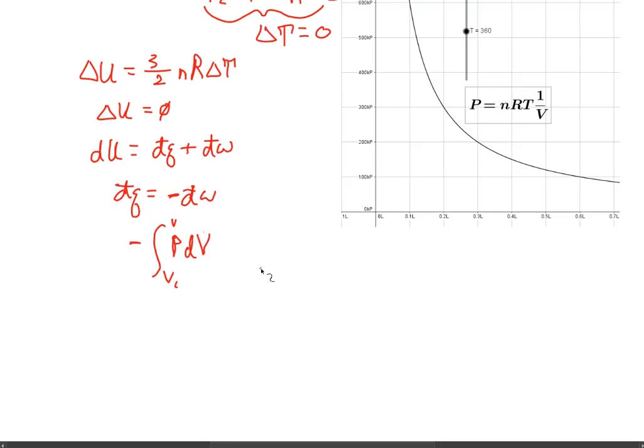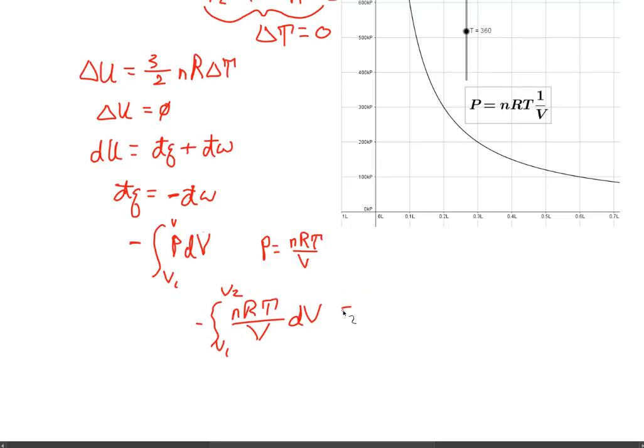And since we are working with an ideal gas, we can change P to be equal to nRT over V. That's going to give us this integral right here, from V1 to V2, of nRT over V dV.